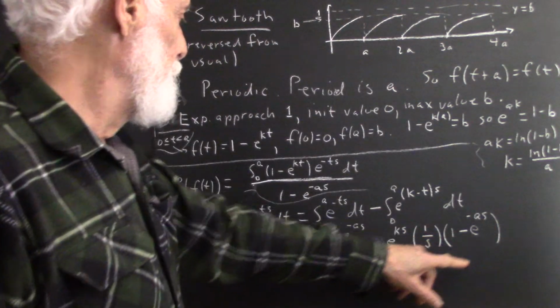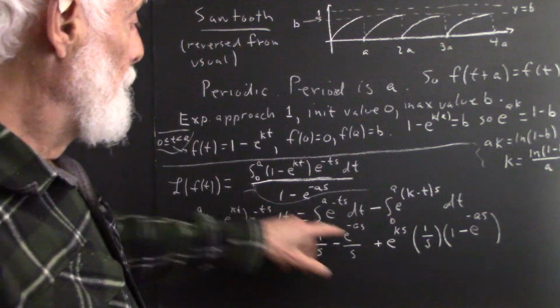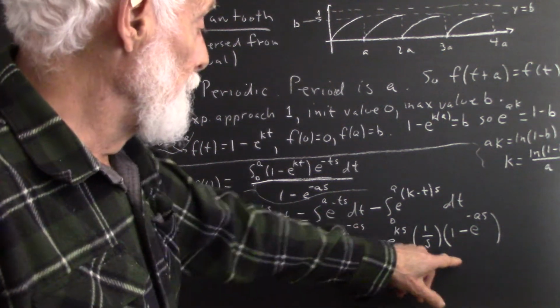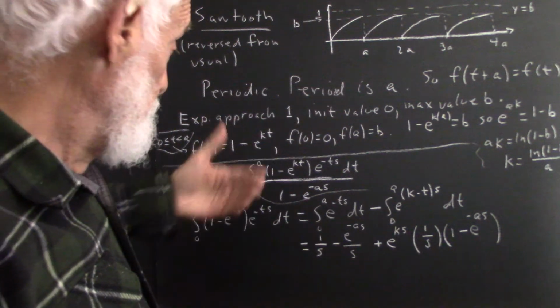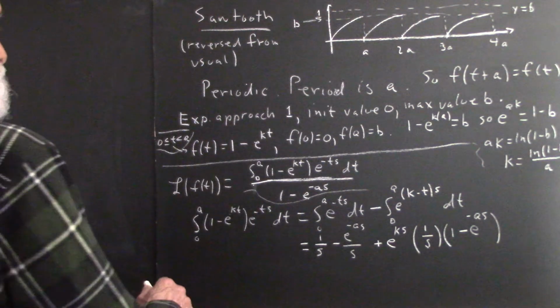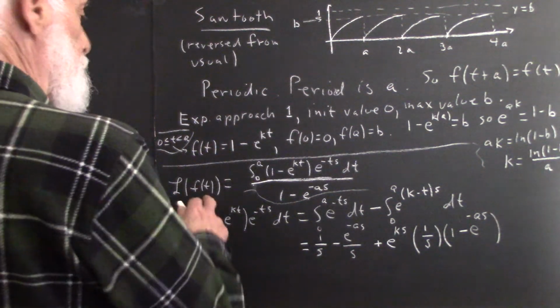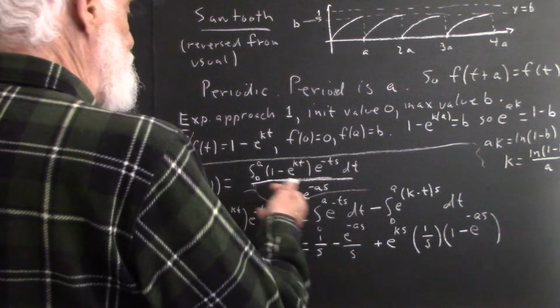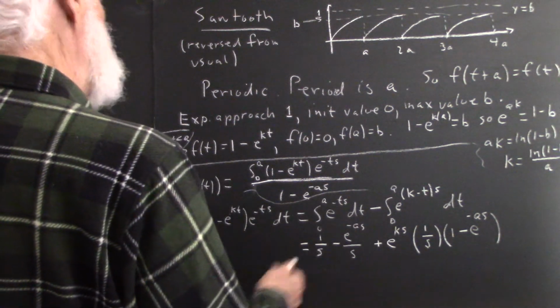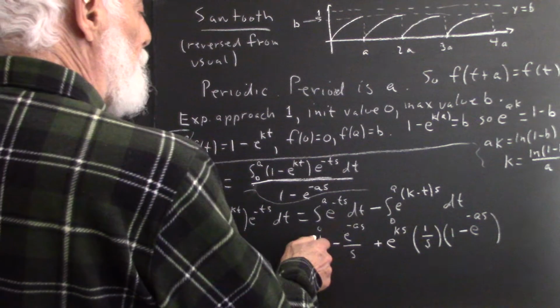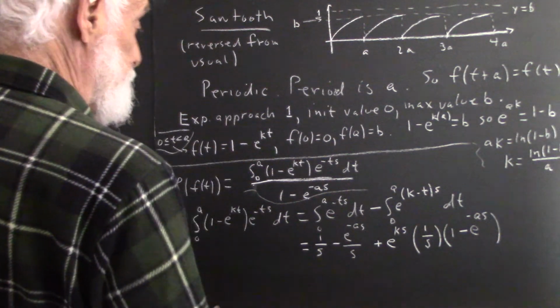And look here, you're going to have one here, you're going to have one here. Whether this is plus or minus, that's going to divide out, and everything's going to look good. Okay, so your L of f of t is going to be all this divided by this. And you're also going to have a 1 minus e to the negative as here.